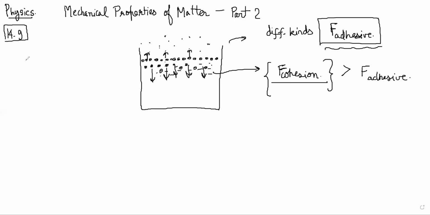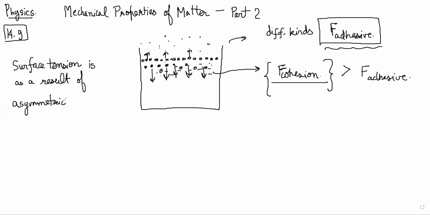So surface tension is the result of asymmetric distribution of molecules on both sides of the surface, as a result of asymmetric types of molecules on two sides.